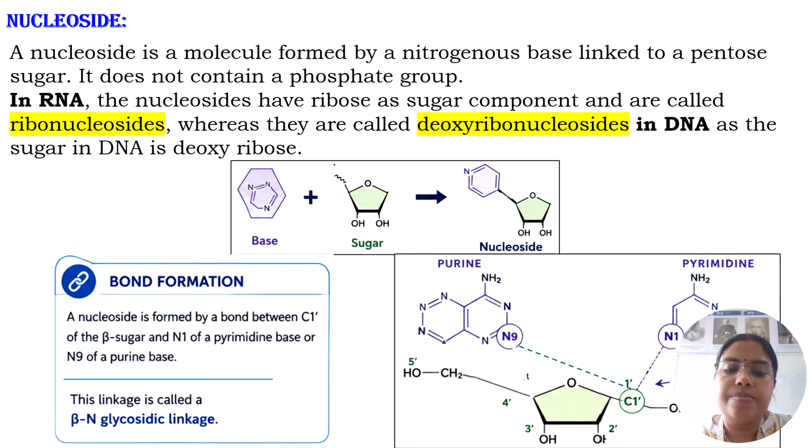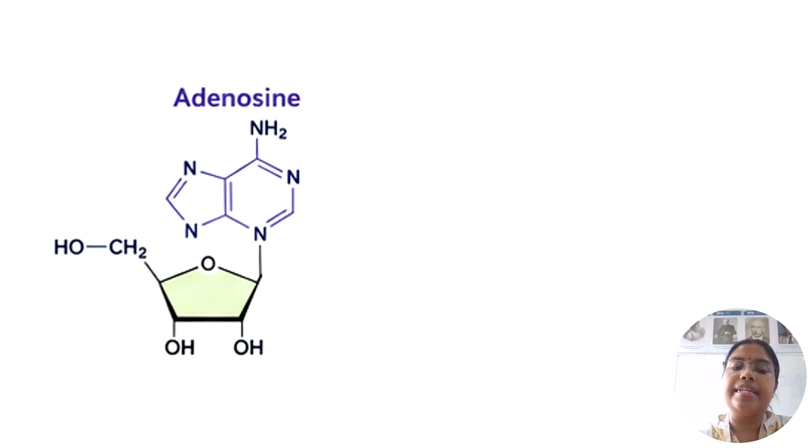And every time the C1 carbon of the ribose sugar or the 2-deoxyribose sugar is attached with the N1 position of the pyrimidine and the N9 position of the purine base. So in the case of adenine and guanine, every time the N9 position is attached with the C1 carbon, whereas in the case of thymine, cytosine or uracil, the N1 position is attached with the C1 carbon.